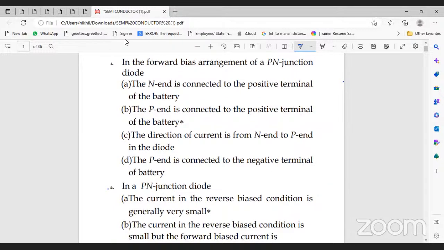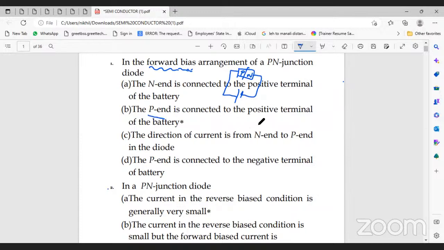Look at the first question. In the forward bias, what will happen? You know that if there is a PN junction, with this as P type and this as N type, and the P type is connected to the positive terminal and the N type is connected to the negative terminal, this is said to be a forward bias.